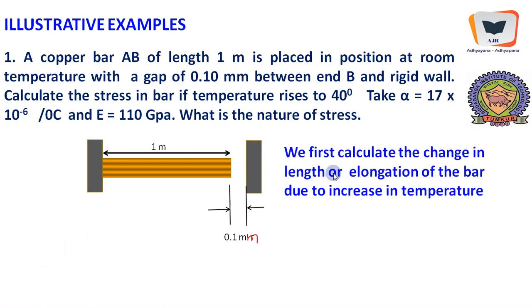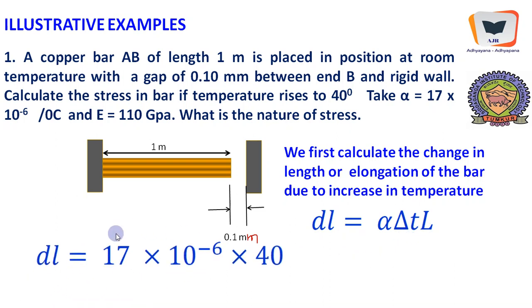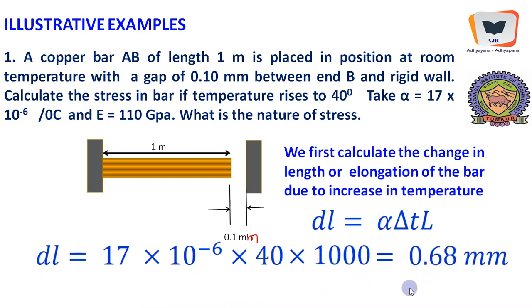Therefore, we will continue. We first calculate the change in length or elongation of the bar due to increase in temperature, assuming that it is allowed to freely expand. So delta L is alpha delta T into L, and we will substitute the values. This is for alpha, and this is for delta T, the change in temperature, because it rises above the room temperature, into 1000. That will give us 0.68 millimeter.